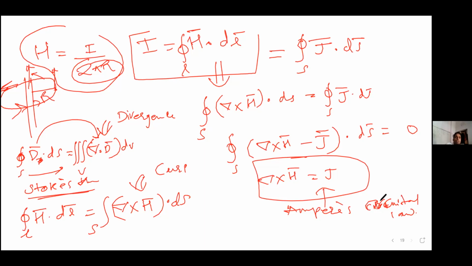So what does Ampere's circuital law state? Basically, it says the magnetomotive force. Like in the case of Coulomb's law, it says the electrostatic force between two charges. So here the magnetomotive force along the conductor is equal to the line integral of the magnetic field.